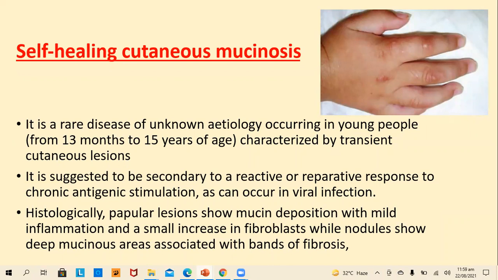Because it is self-healing, it is suggested to be secondary to a reactive or repetitive response to chronic antigenic stimulation as occurs in chronic viral infections. Histologically, they are papular lesions showing mucin deposition with mild inflammation and a small increase in fibroblasts, while the nodules show deep mucinous areas associated with bands of fibrosis.